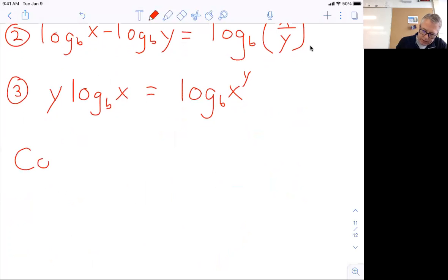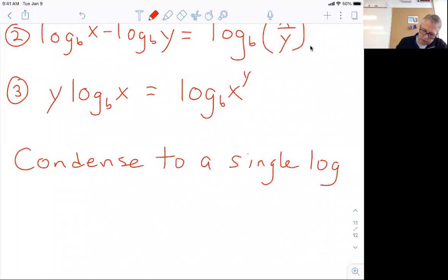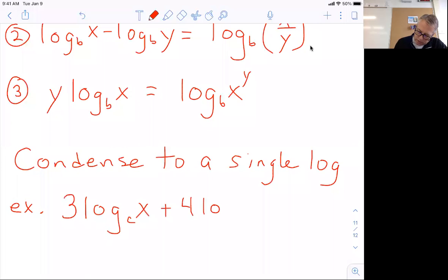So we're going to condense to a single log. Okay, here is our first example. Let's say we had 3 log base c of x plus 4 log base c of y.